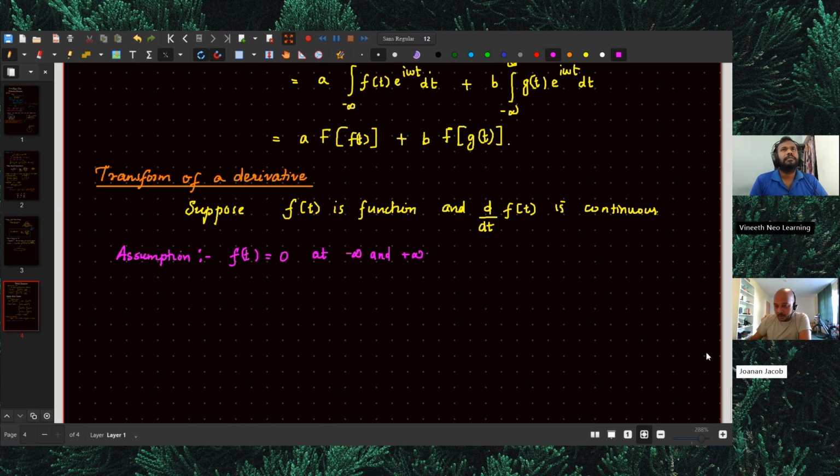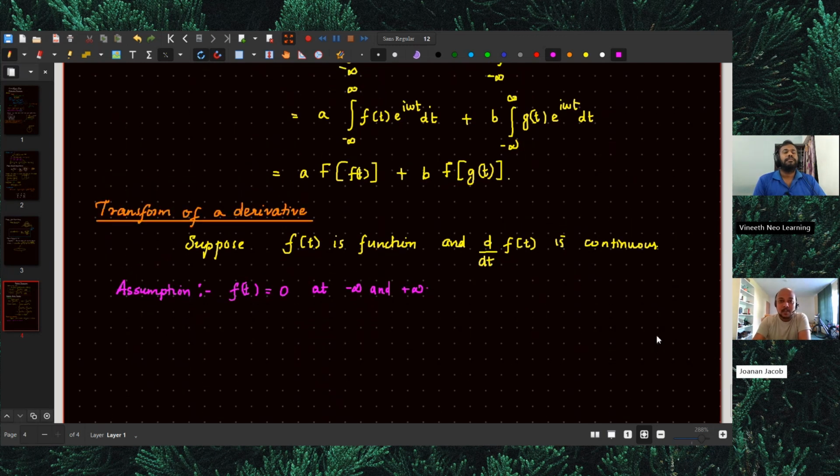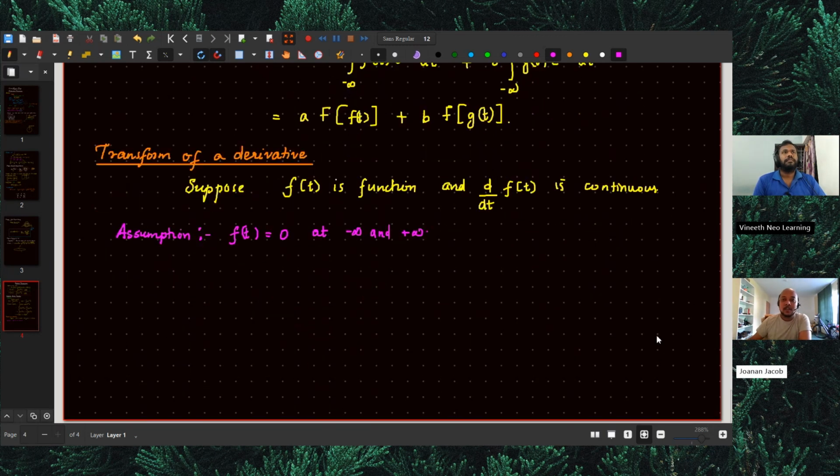Now, let's find the Fourier transform of this derivative. So the Fourier transform of d by dt of f of t. Let's simply apply our rule.